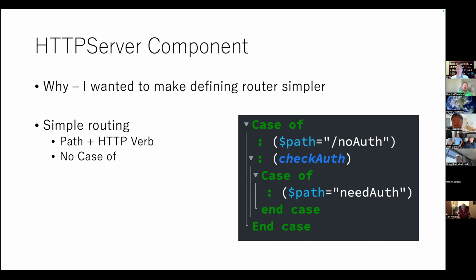And one thing I wanted to mention: you might have noticed that the 4D web server also has routing based on the path and HTTP verb, called HTTP request handler, in version 20 R8. There are a few differences compared to what this component supports, but I'm still using this component for now because of those differences.